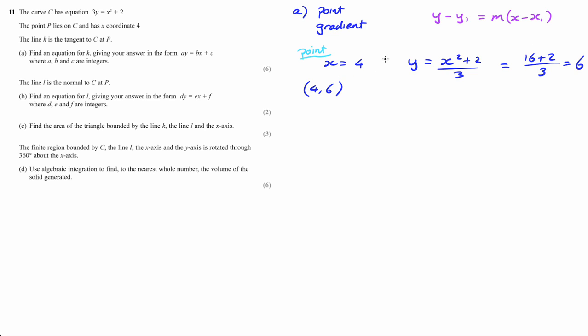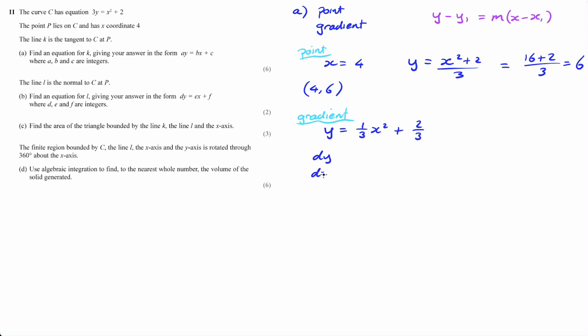Okay, then to get the gradient, the gradient, guys, is all about the derivative. So if y is equal to, I'm just going to change this into a third x squared, if you're okay with that, guys, plus 2 over 3. I'm just splitting this up so they're both divided by 3. And then I get dy dx.